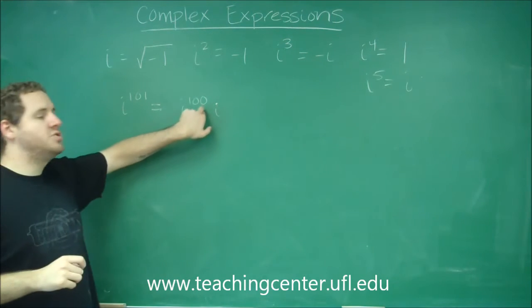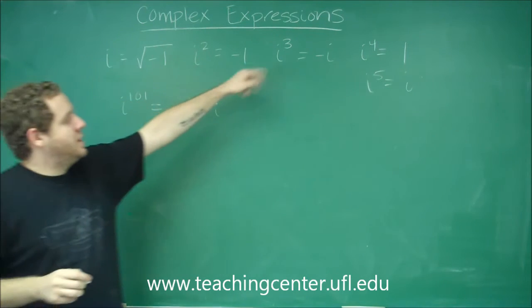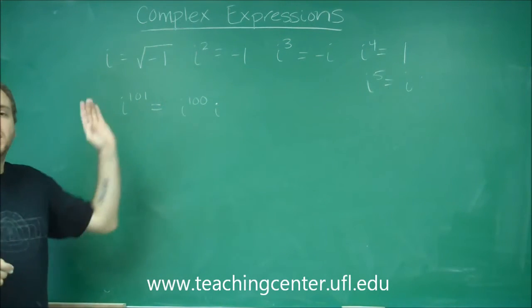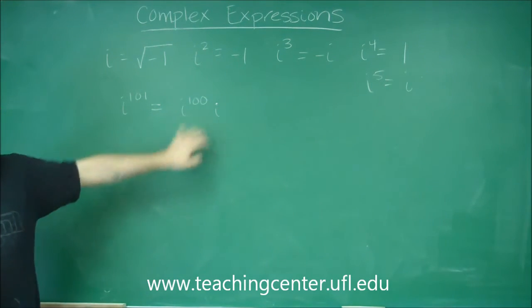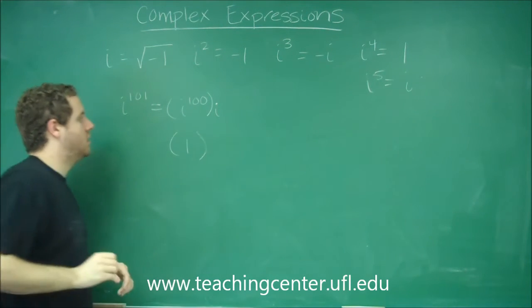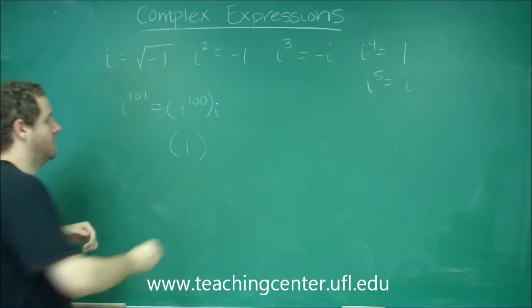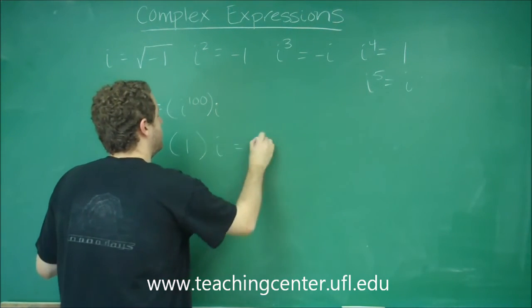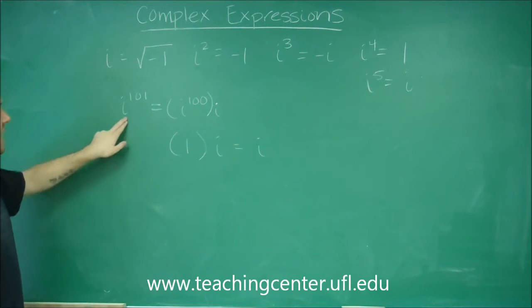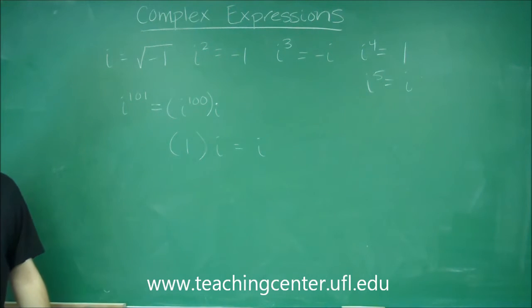And I chose 100 because 100 is a multiple of 4. You can see here, every time we get 4, it resets and we would keep going back. So if your power of i is a multiple of 4, you always just get 1. We're left with 1 times i, which is i. So that tells you that i to the 101st power is actually just i.